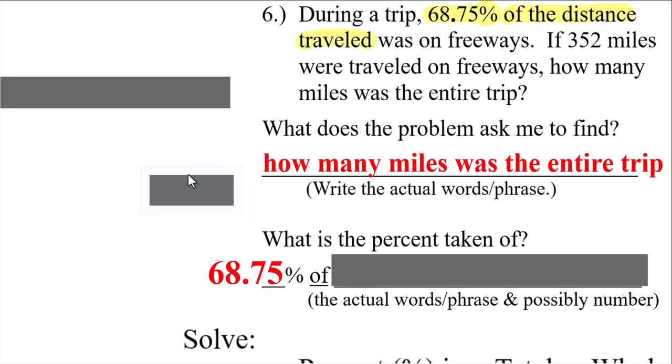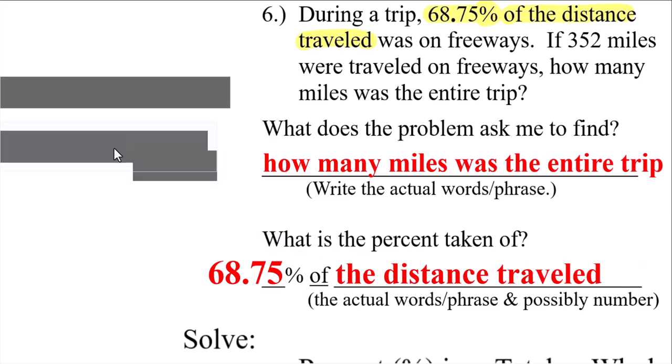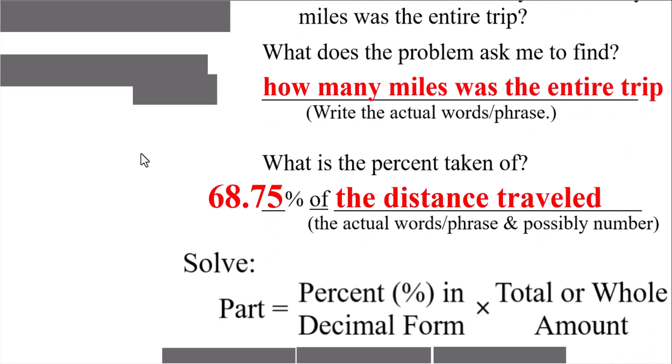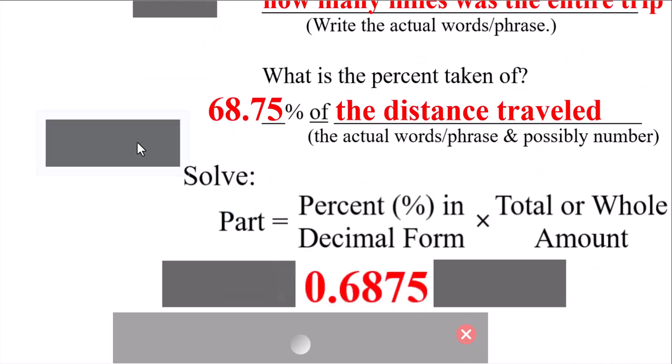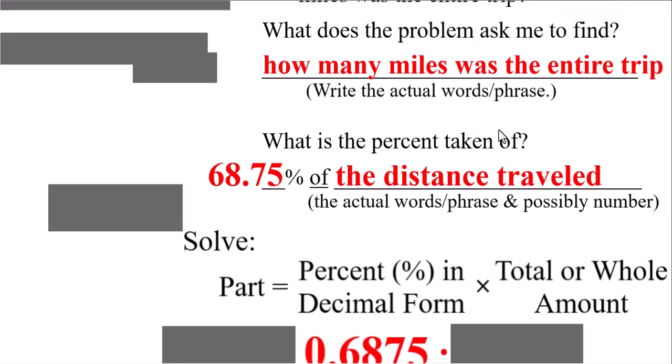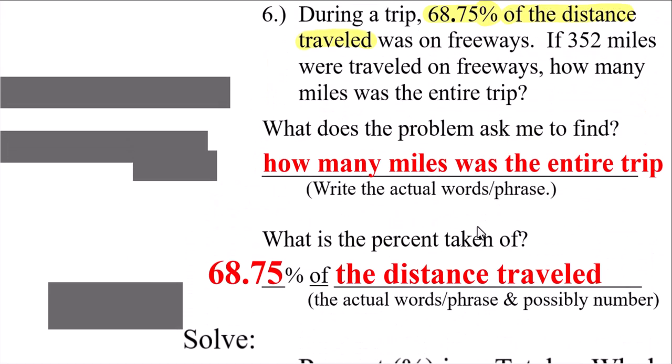Okay, so you wrote that down. Now, you have to do a little interpreting here. Well, let me jump ahead to putting the percent in decimal form. Move the decimal point 2 places to the left, 0.6875 times, that's the easy part. Who is the total or whole amount? What is the percent taken of? It's taken of the distance traveled. What does that mean?